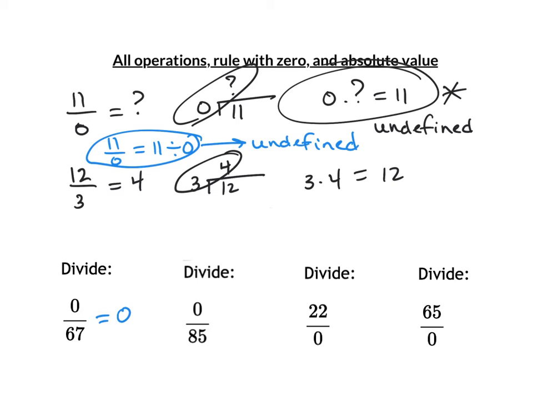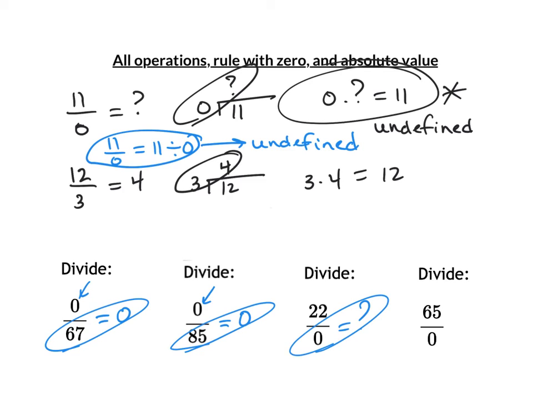And that is because 67 times 0 gives you the top 0. 0 divided by 85 is 0, because 85 times 0 is again 0. This one is undefined because 0 times whatever my answer would have to be 22.